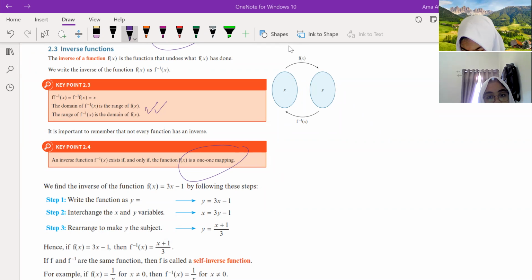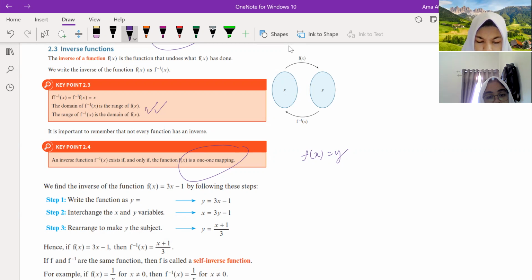Remember that f(x) is equal to y, so y equals 3x minus 1. The second step is to interchange x and y. Interchange means y becomes x and x becomes y.